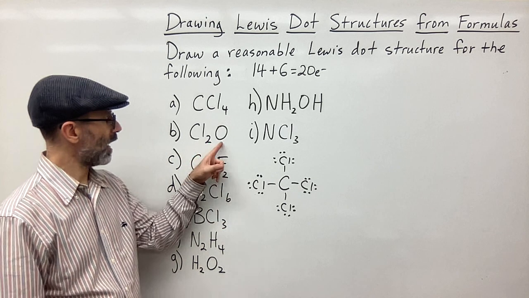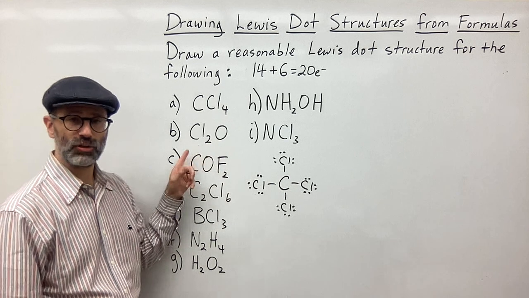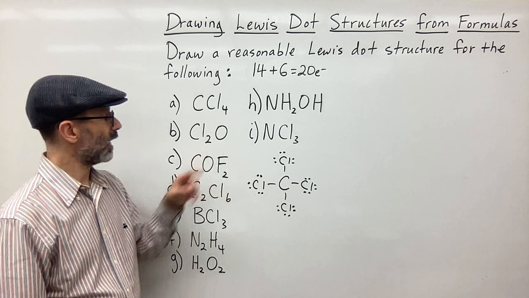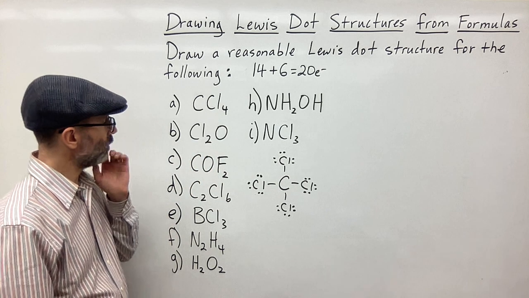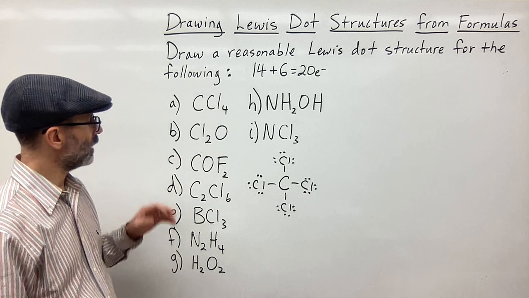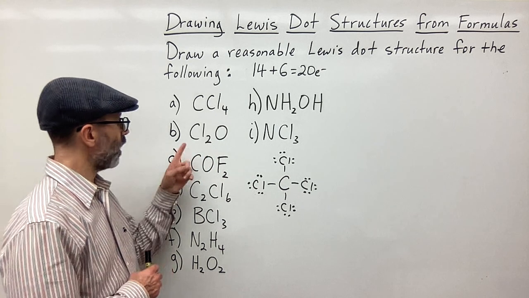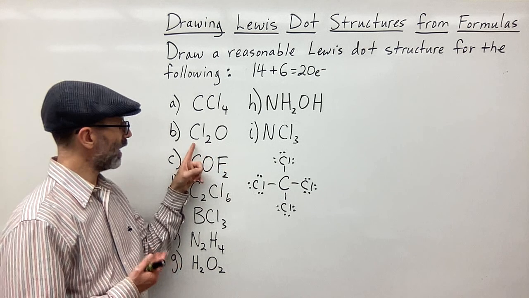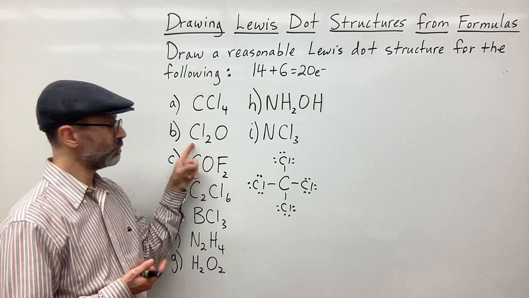So if you compare oxygen and chlorine in their electronegativity, chlorine is going to be more electronegative than oxygen. Also, one of the things you want to think about is the number of each one. So I have less oxygen, but I have more chlorines.